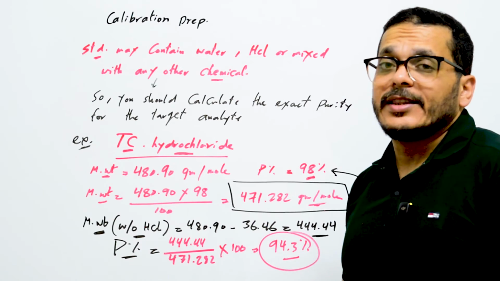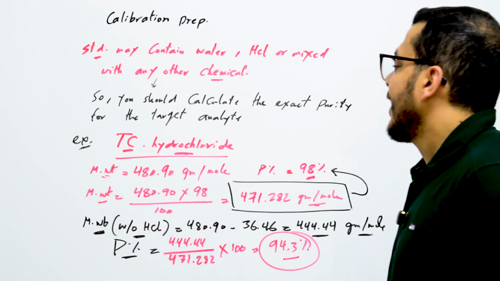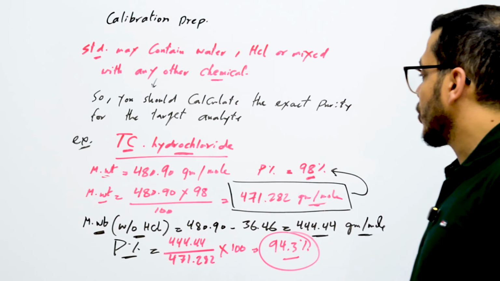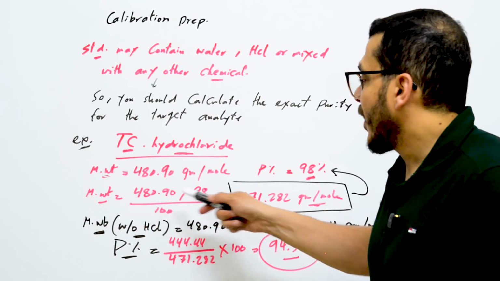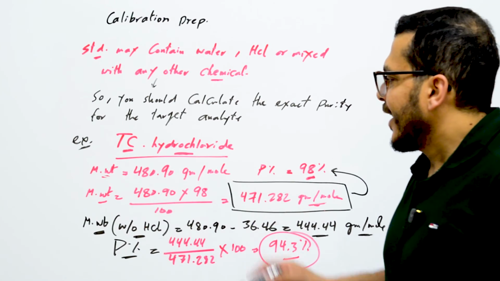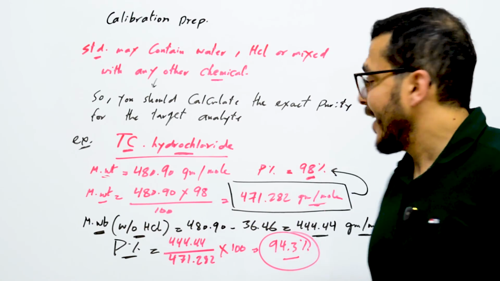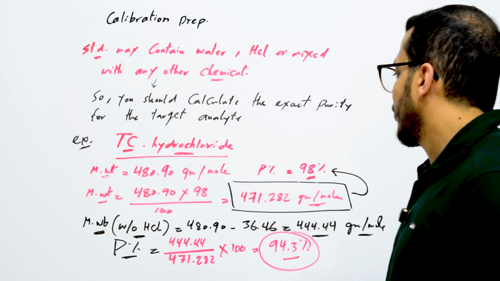First, you will calculate the molecular weight for the compound. The molecular weight of the compound is equal to 480.9, and the purity in the certificate is 98%. Then you need to calculate the exact molecular weight for tetracycline hydrochloride at 98% purity.